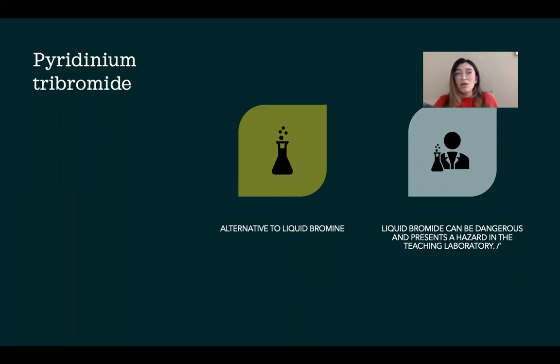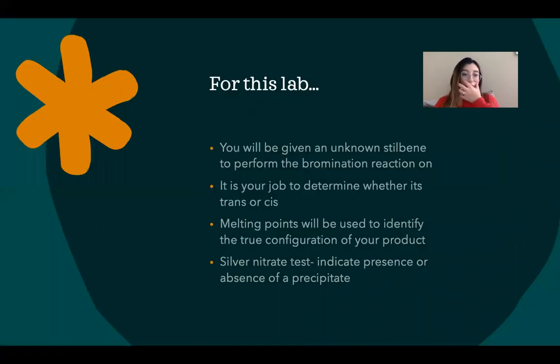It has a lot of dangerous fumes. So do not add liquid bromine to your reagents or what we're using in the safety part of your notebook. Make sure you put pyridinium tribromide.